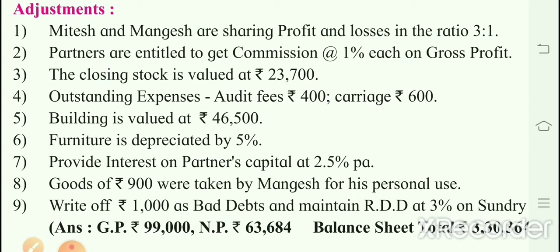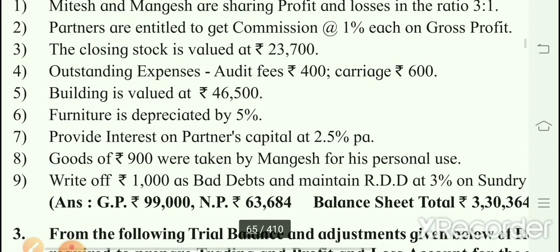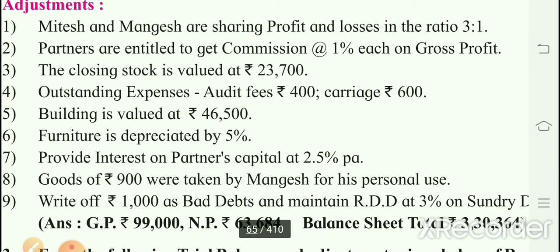After calculating gross profit, we will consider this adjustment. See the third adjustment. The closing stock is valued at rupees 23,700. It will be recorded on the credit side of the trading account and the second effect on the asset side.